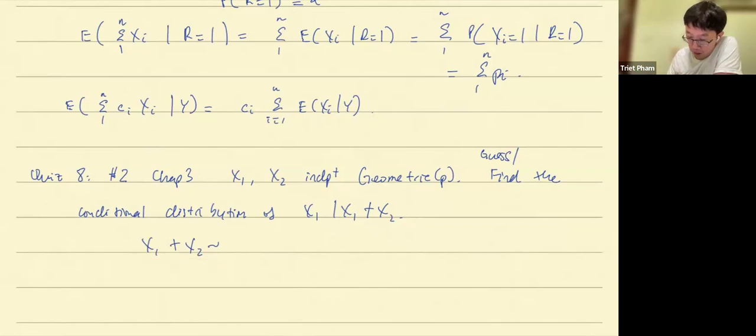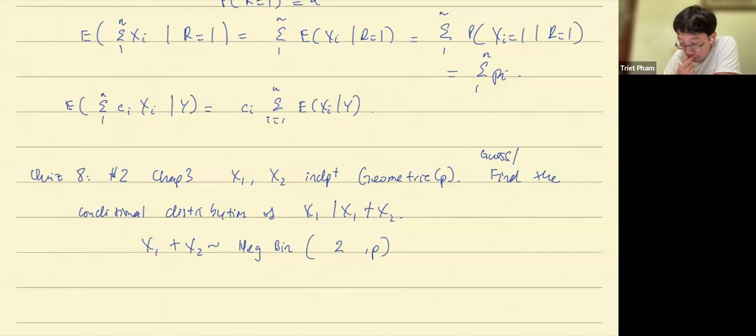X1 plus X2 is a negative binomial, right? What am I saying? It's not n1 plus n2. Negative binomial (2, p). What does this 2 represent? 2 is the number of trials until the first 2 successes.